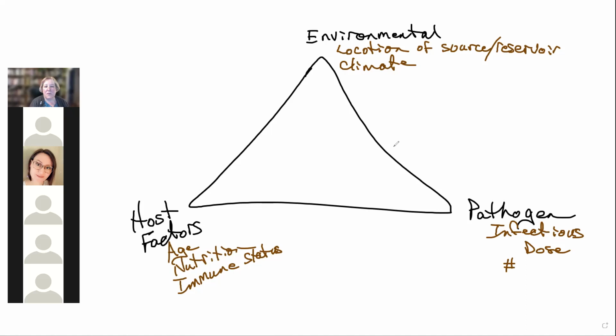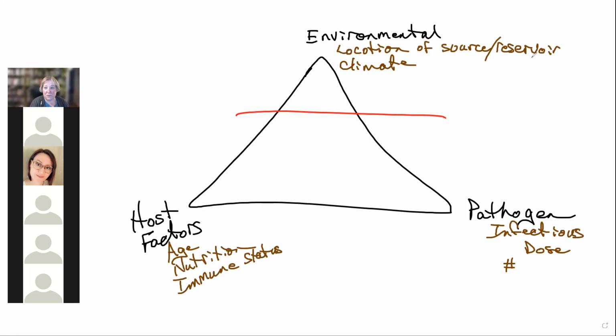We keep track of where the reservoirs are and try to keep people away from them, especially during particular times of the year. They close down Lake Lowell or Eagle Island when they see too high a number of pathogens.